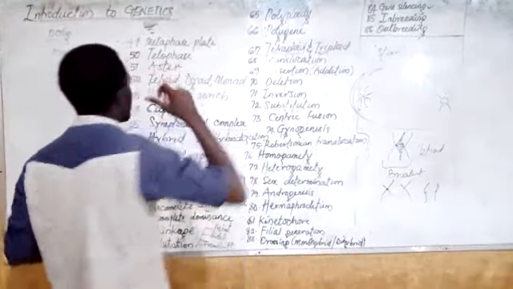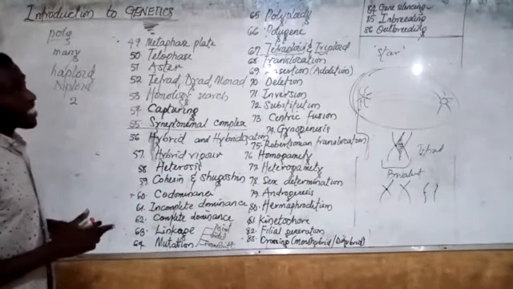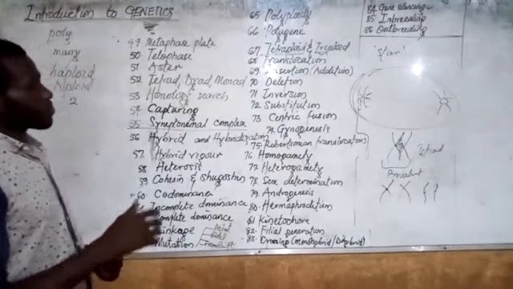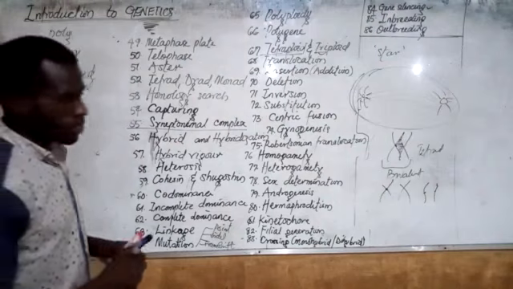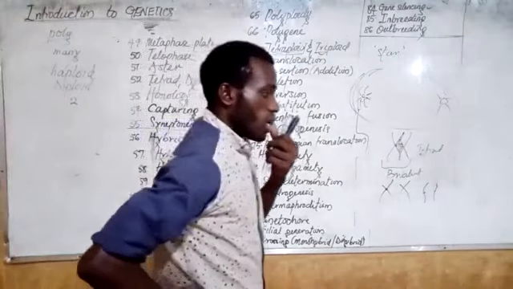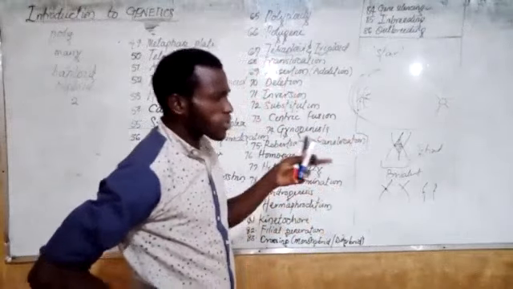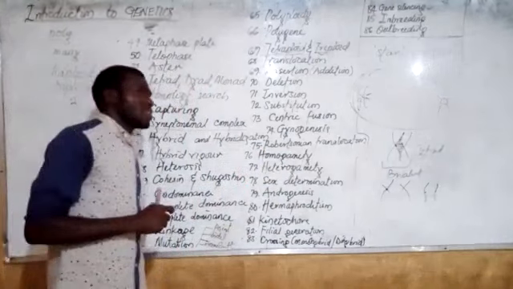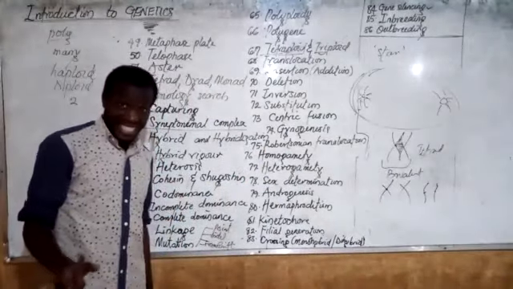Alright? And it is basically caused by some different phenomena, such as when chromosomes undergo endoreplication, or endoreproduction. Please look that up. It basically means when a chromosome has been duplicated.